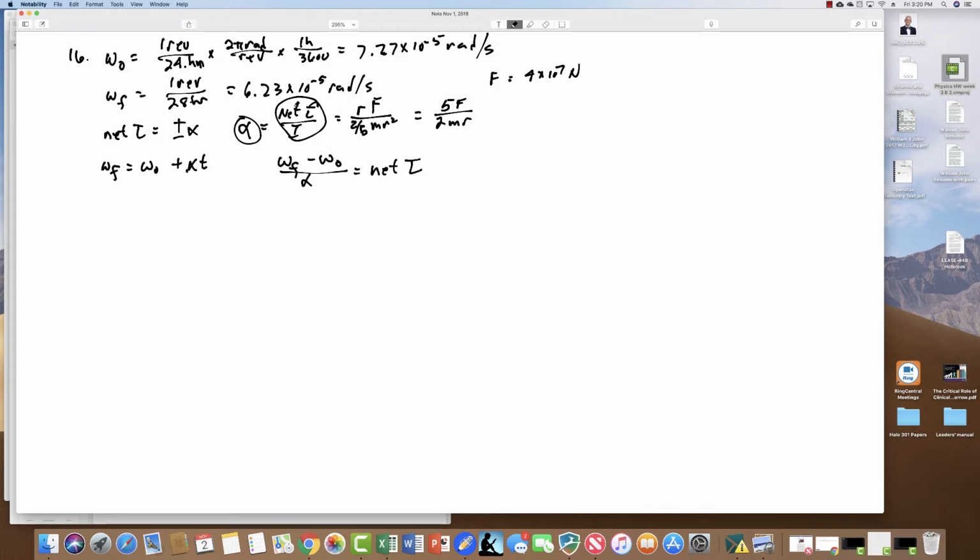So we take this, put it in for alpha, and then we rearrange this to solve for t, and that's what we end up with.